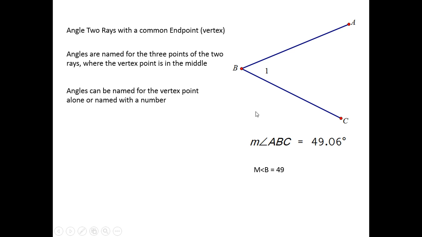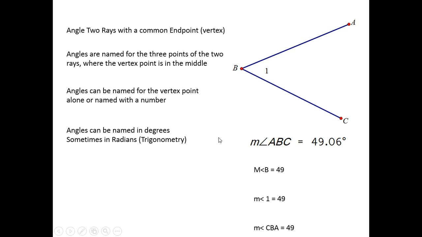In this case, we're saying that this is a 49-degree angle. So we write the statement, M is for measure, measure of angle ABC is 49 degrees, measure of angle B is 49, measure of angle 1 is 49, or CBA, another alternate way of naming that angle. Four alternate ways of naming that angle. Which is best really doesn't matter, it depends on the situation, but referencing any one of these, it should be understood that the angle in question is the one that is shown there, okay?